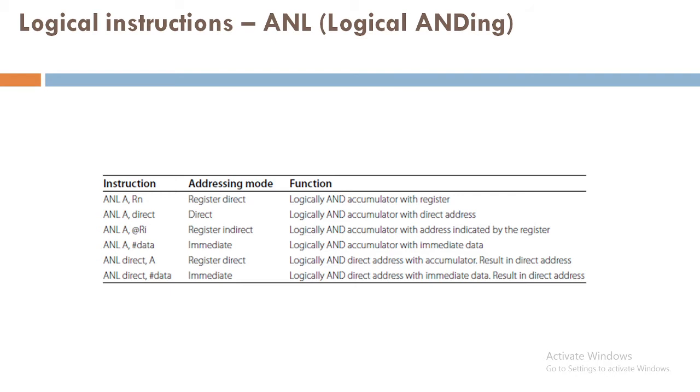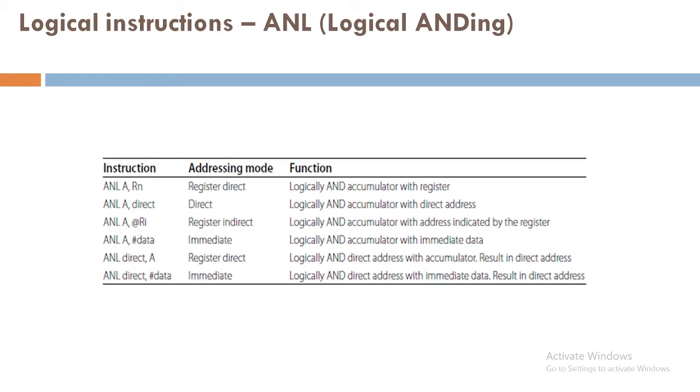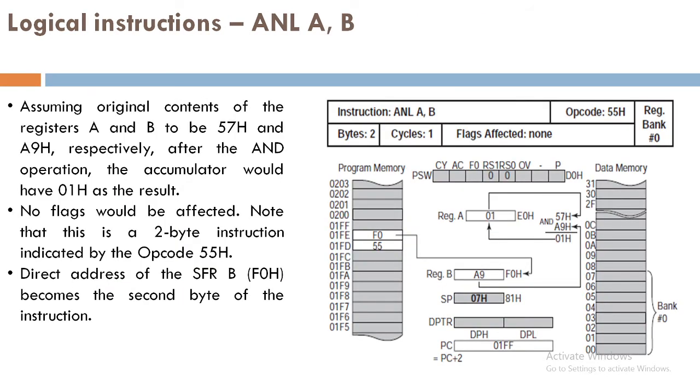We will similarly take up examples with the other logical instructions also, so that we can cover register direct, register indirect, immediate, and register direct and immediate types of addressing modes. So first we will take up the logical ANDing with a suitable example.